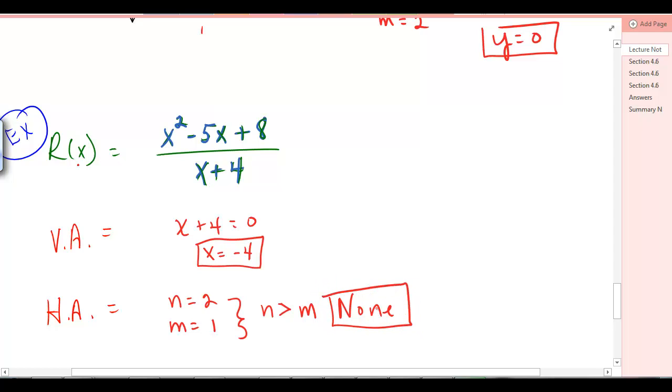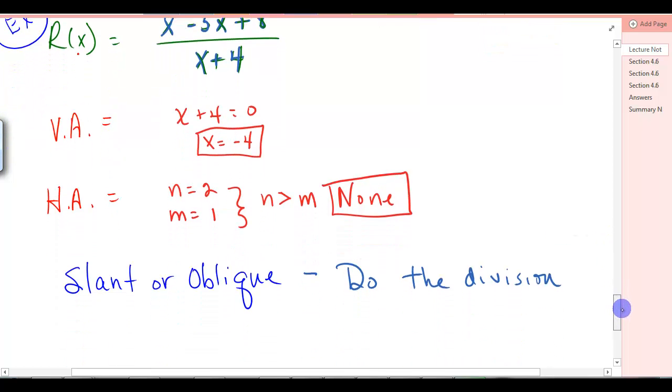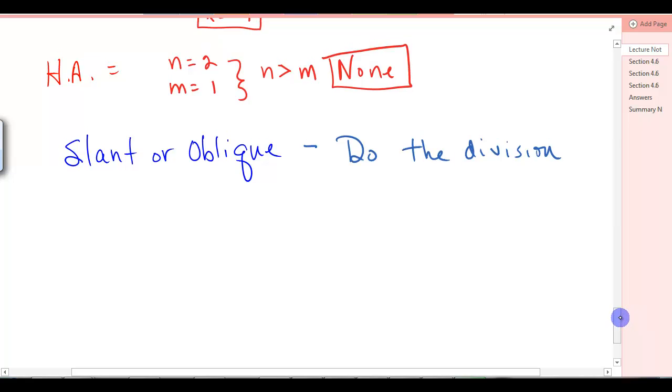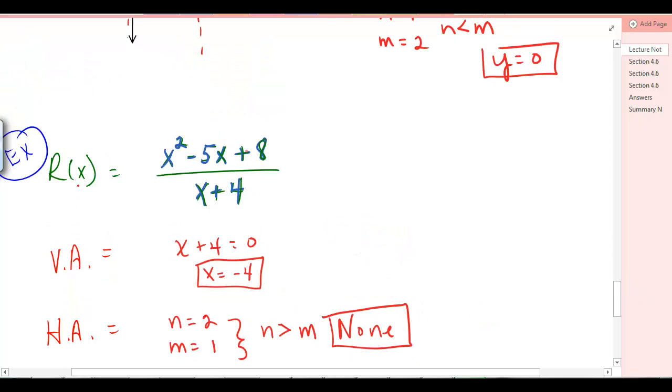And if there are no horizontal asymptotes, but this is greater than this one by exactly 1, which is what we have, then we do have a slant asymptote. And with a slant asymptote, you actually have to do the division. We have to divide this into this.